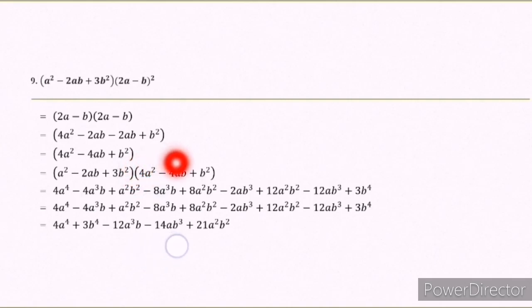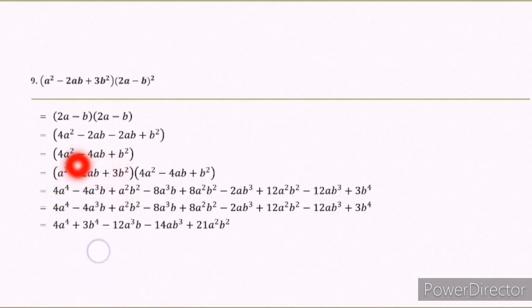Then combine the like terms. 2ab plus 2ab is equal to 4ab. So 4a squared minus 4ab plus b squared. Then you will copy this. Copy there.